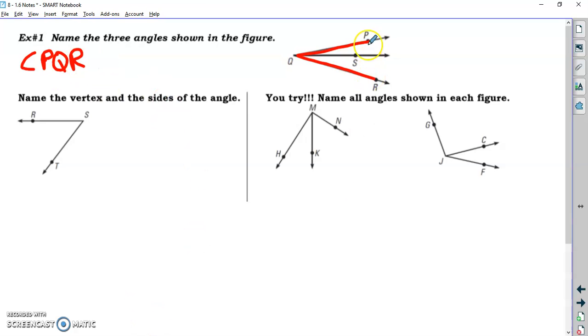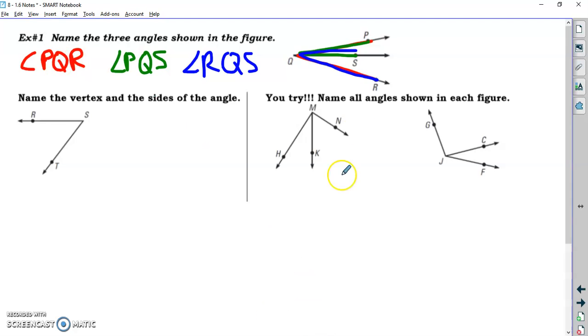Second, we have angle PQS. And then another angle that we have is angle RQS. Or we can name that one SQR. But notice your vertex Q is in the middle every single time.